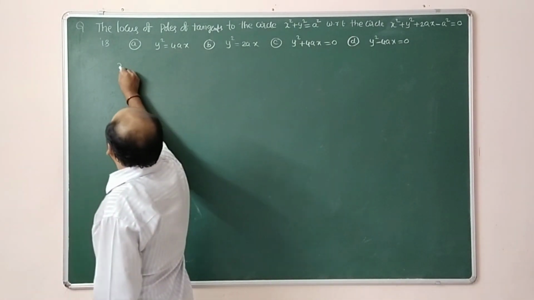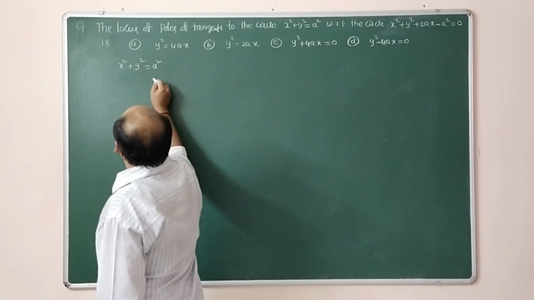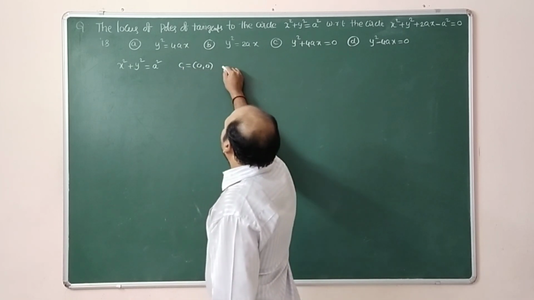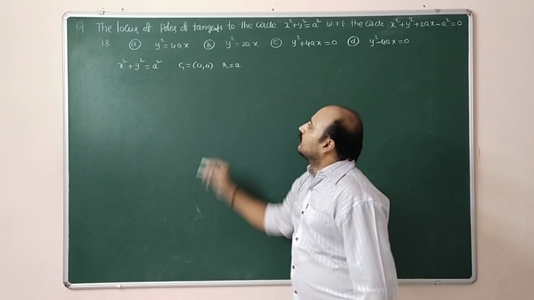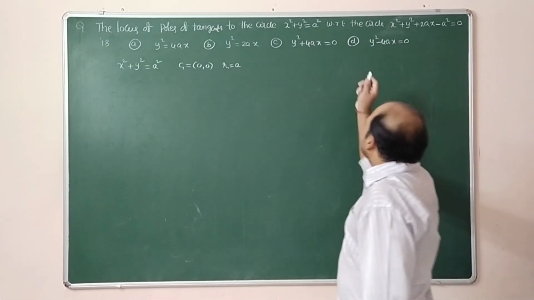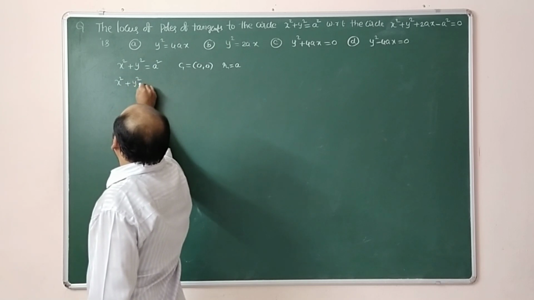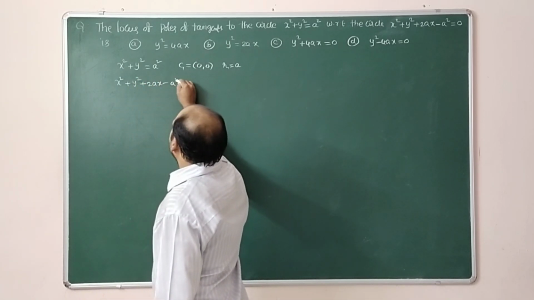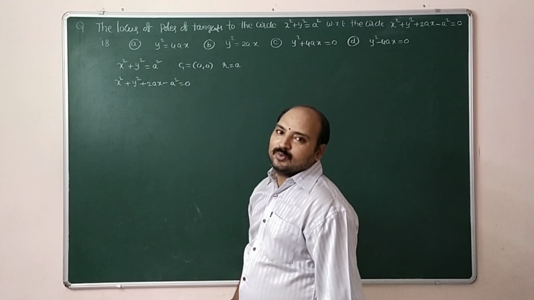So the first circle is x² + y² = a², whose center C1 is (0, 0) and radius r is equal to a. And the second circle is x² + y² + 2ax − a² = 0, whose center is (−a, 0).